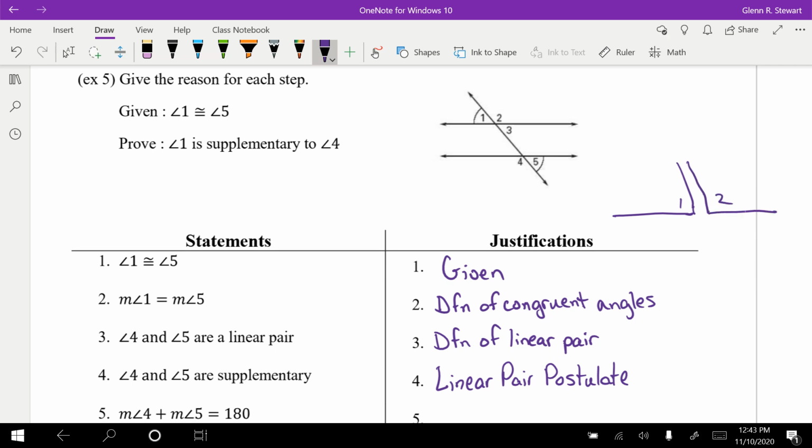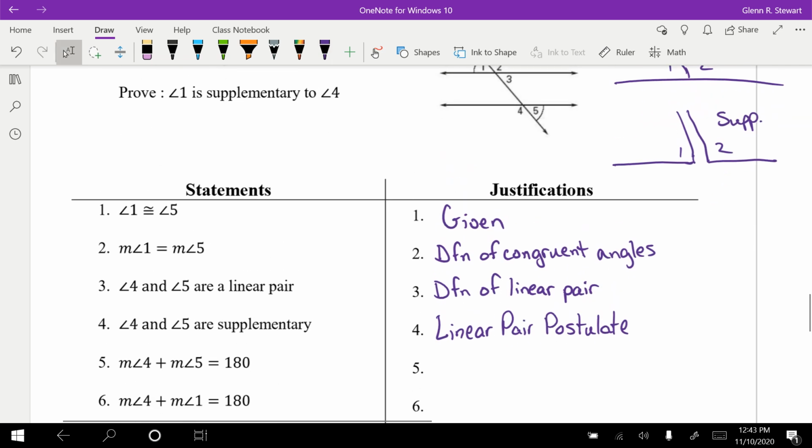They're not attached. The other type of angles that we have look like this. This is a linear pair. This is just supplementary. Either way, they're both supplementary. It's kind of like not every square is a rectangle, but not every rectangle is a square.